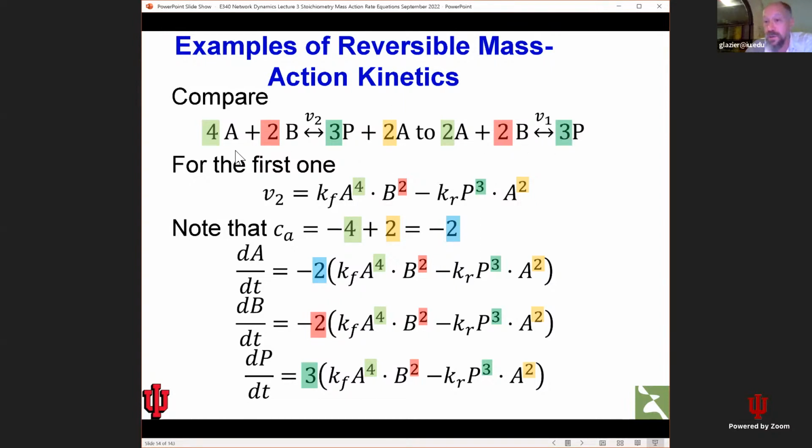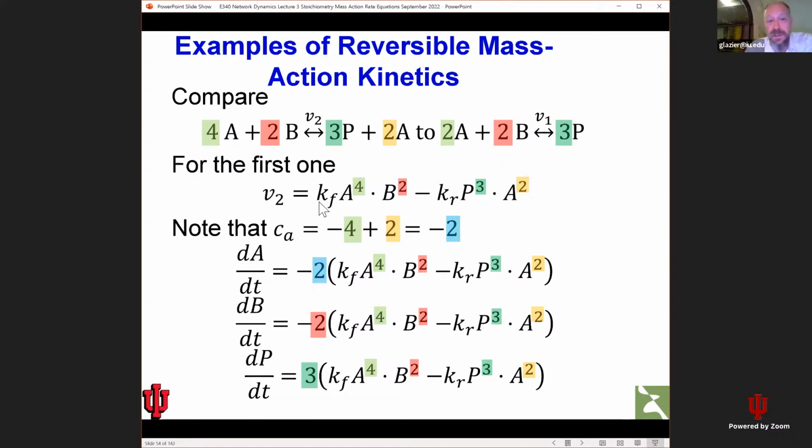Notice that the net reactions are the same. I start out with 4A, I wound up with 2. I have a net loss of 2 A's. In this case, I have netted out that A on both sides. If I were doing algebra, these would be the same. But as a chemical reaction, the forward rate only depends on the left-hand side.